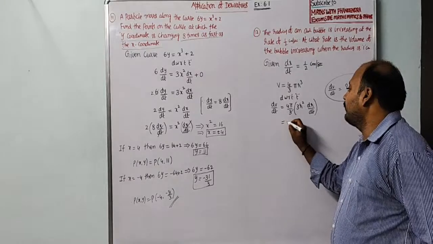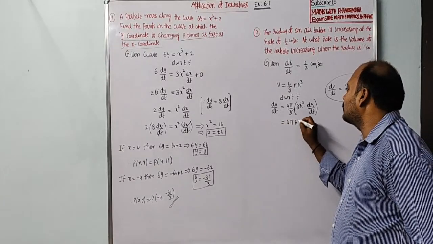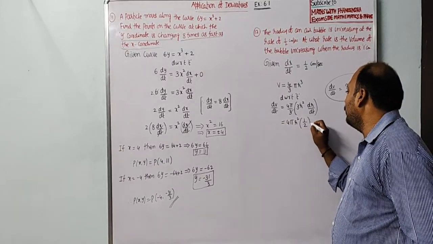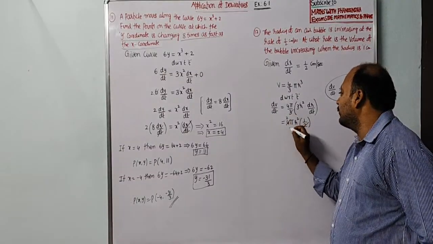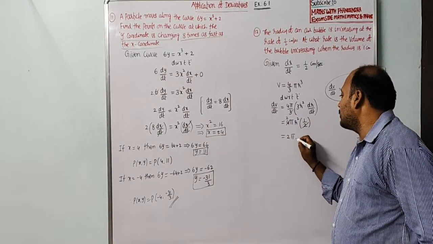Wherever dr by dt is there, what you have to replace? 1 by 2. So 4 pi into r square into 1 by 2. 2 ones, 2 twos, which is equal to 2 pi r square.